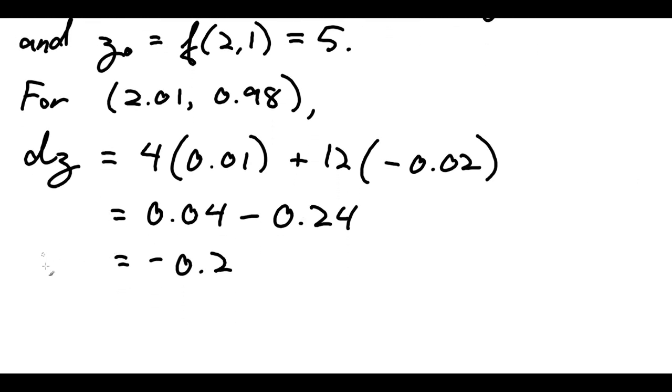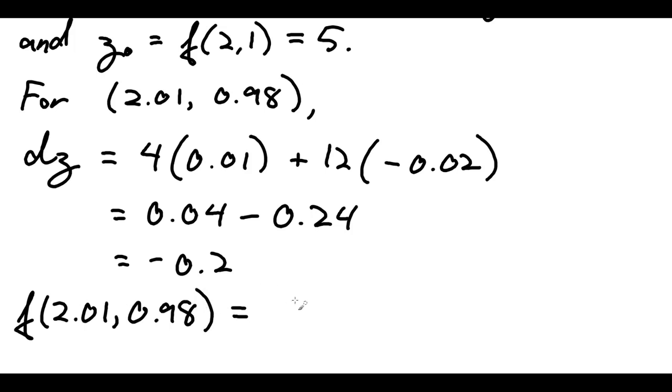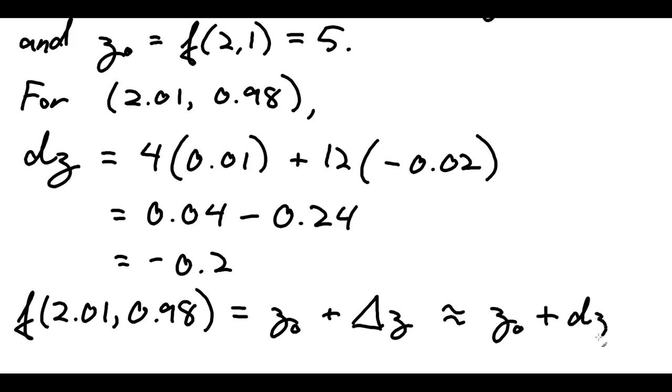So the idea now is that if we want to approximate the function value f at 2.01, 0.98, well, z0 gives us the function value at 2, 1, and there is some change, delta z, that would be added to z0 to give us the new function value. And the idea is that if we are sufficiently close to the point where we're approximating these things, delta z is approximately equal to dz.